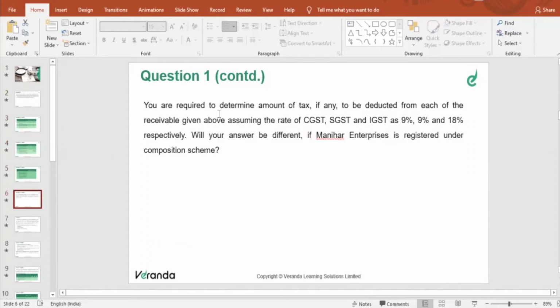You are required to determine the amount of tax, if any, to be deducted from each of the receivables given above, assuming the rate of CGST, SGST, and IGST as 9%, 9%, and 18% respectively. So we need to understand how much tax the government agency is going to deduct. All right, we are clear with it.